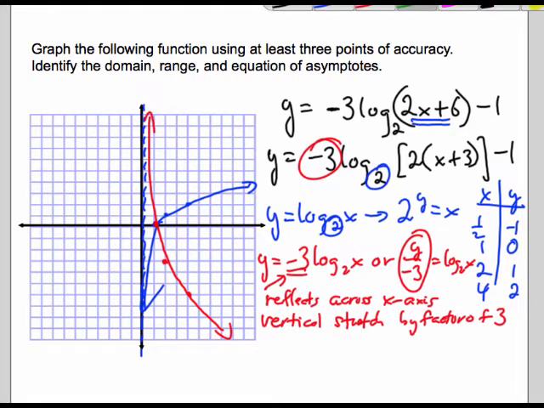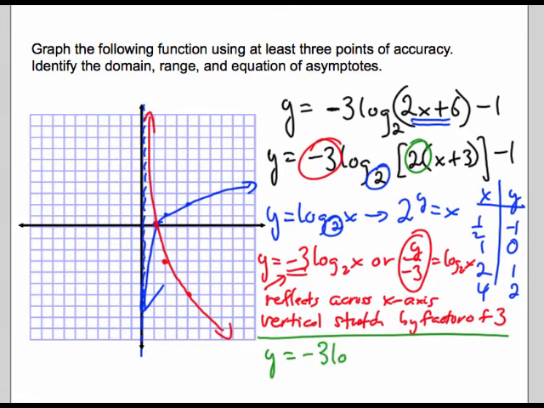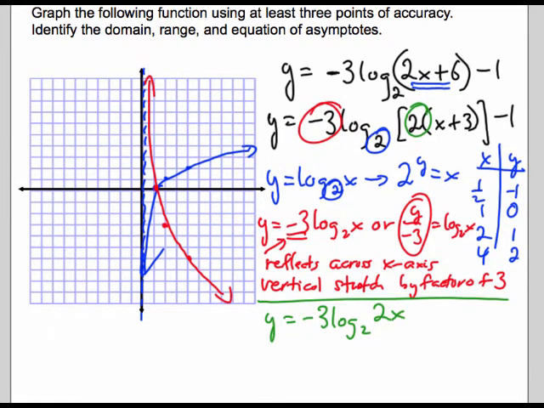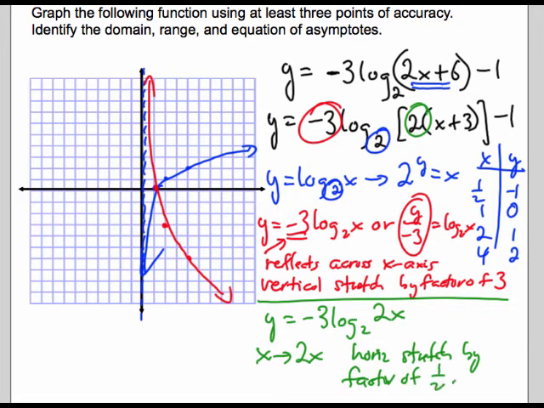The next thing I'm going to deal with is the multiplying onto the x piece. So I'm now looking at y equals -3 log base 2 of 2x. And we know that replacing x with 2x is a horizontal stretch of the graph by a factor of 1/2.